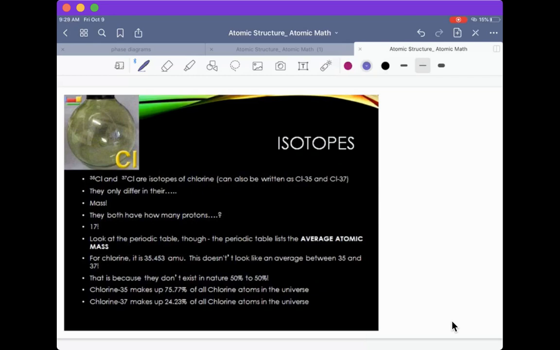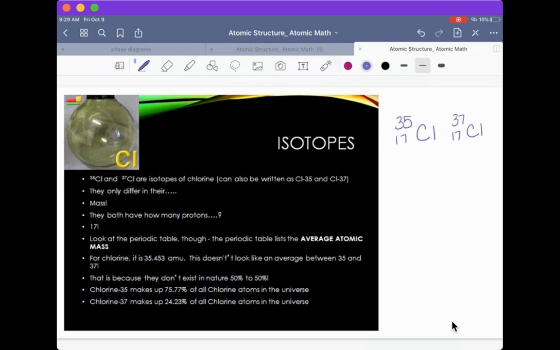Okay, so getting into isotopes a little bit further, we're going to look at the isotopes of chlorine 35 and chlorine 37. They're both chlorine, but they have different masses. They differ in only their mass. If I look at chlorine 35 and chlorine 37, they're still chlorine, so their atomic number is still 17 because they both have 17 protons.